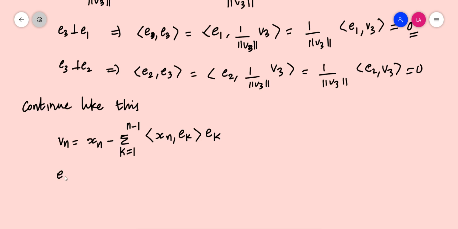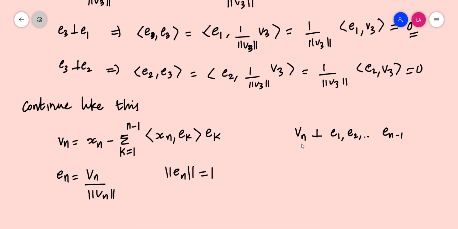And using this we can construct En as Vn divided by norm Vn, and norm of En should be equal to 1, and also Vn is orthogonal to E1, E2, etc., En minus 1.